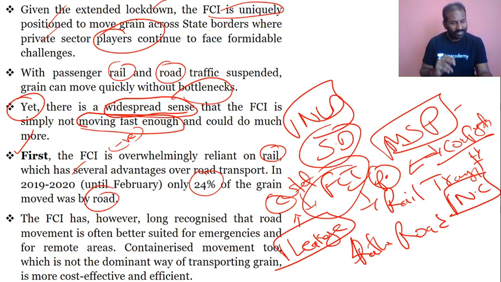So CSIR in combination with IICT and CCMB is definitely helping, as a wide variety of rice, wheat, food grains and pulses production is happening, and that is really boosting our self-sufficiency.